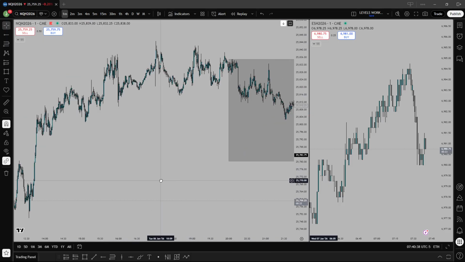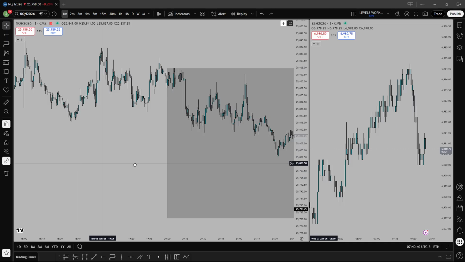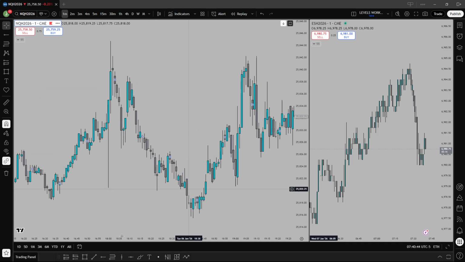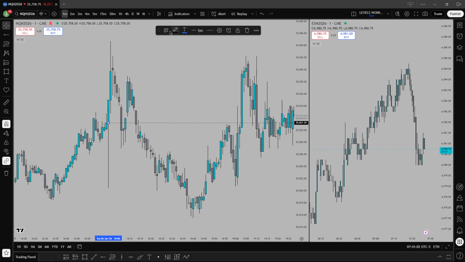Also, we actually opened where we closed. So the new day opening gap is just a single line, a single price here.